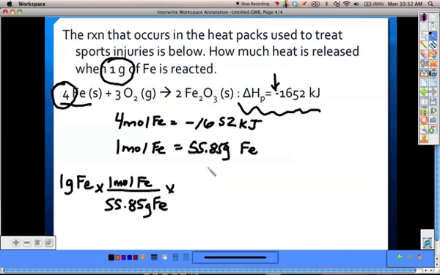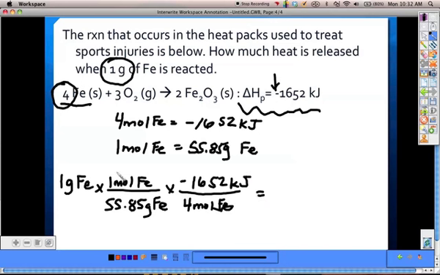And then, I look here, I want to get rid of moles of Fe, and I need to use this value from my coefficient. 4 moles of Fe will go on the bottom. And on the top will be my energy value, negative 1652 kilojoules.